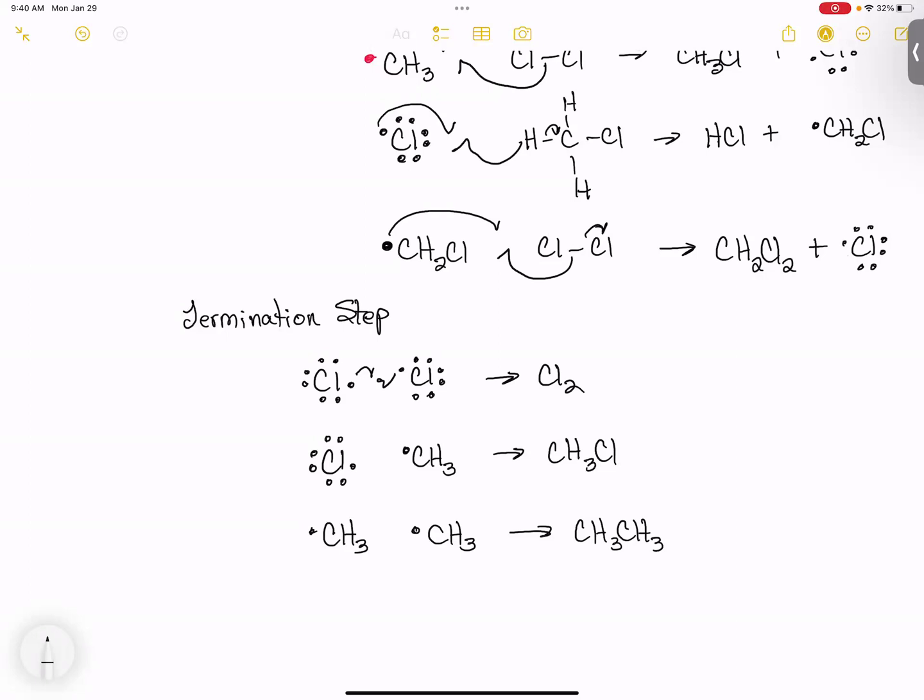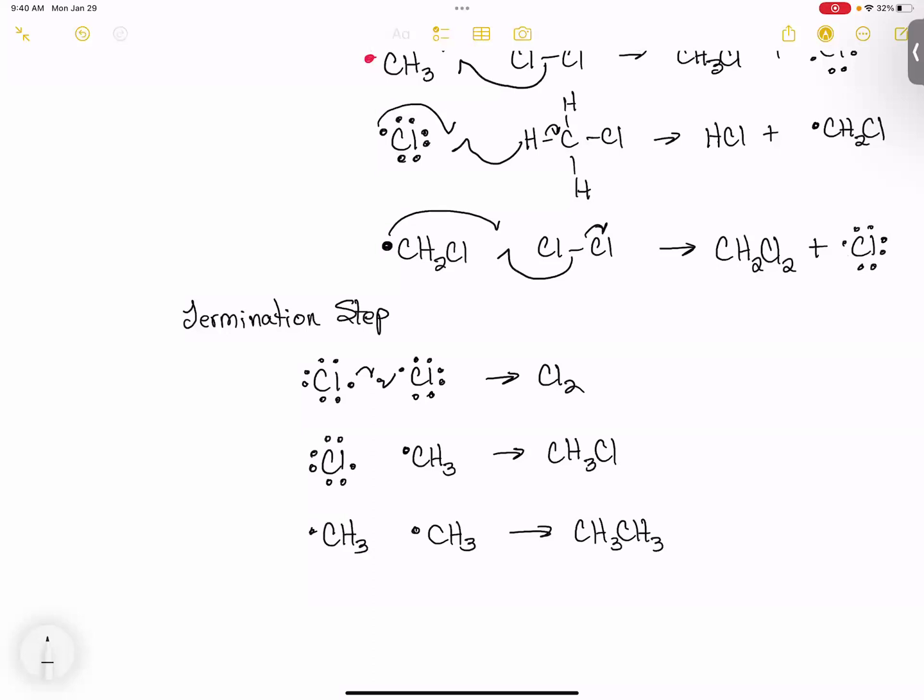What I want to draw your attention to, and this is going to be useful in every single chapter, we're going to go over reactions. In every single chapter, at the back of that chapter, there is a thing that says summary of key reactions. That's going to be what you need to make.